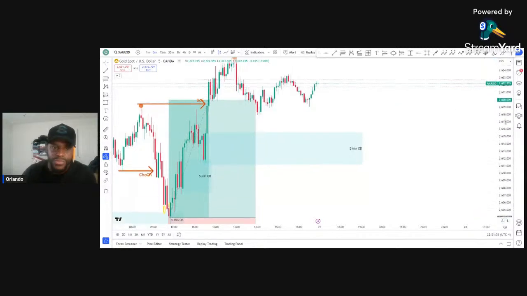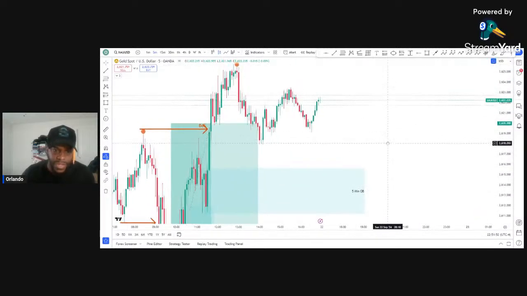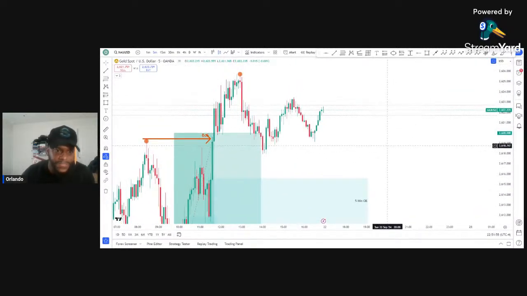So now, what am I looking for? What I see is that the market did not respect this POI right here. So it sold off, it diverged, it changed character right here, right? Did not come back and hit the supply zone and cause a change of character. So what I'll do is this.